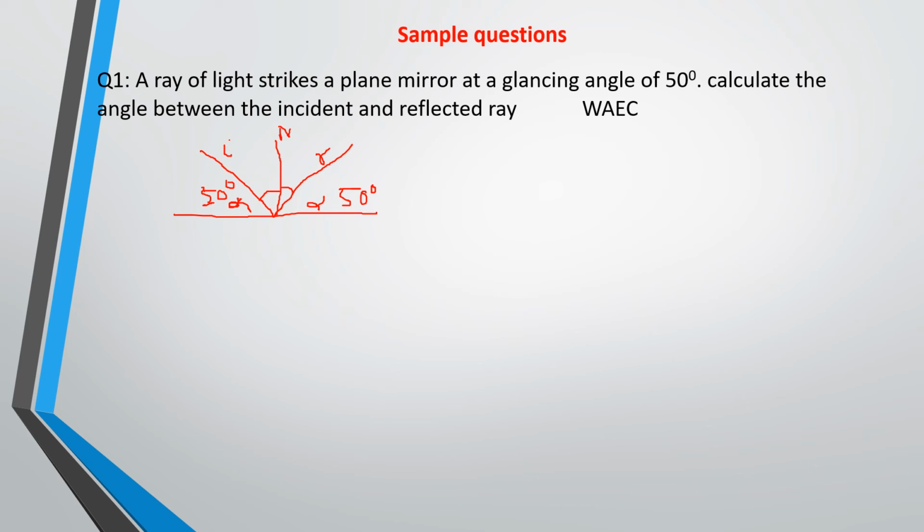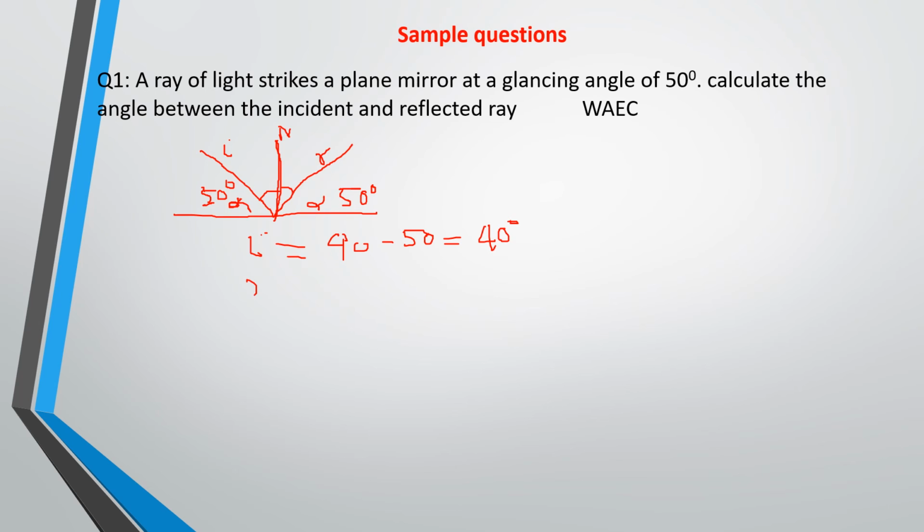Okay, so this angle is perpendicular, which means it's 90 degrees. So from here we can say that the angle of incidence will be equal to 90 minus 50 degrees, so that gives us 40 degrees.